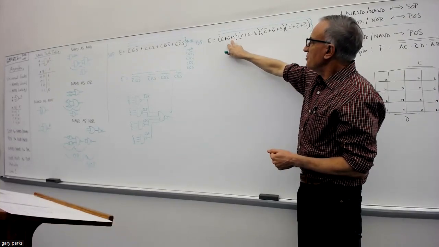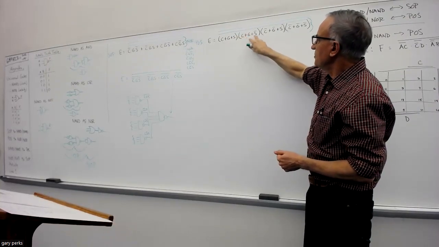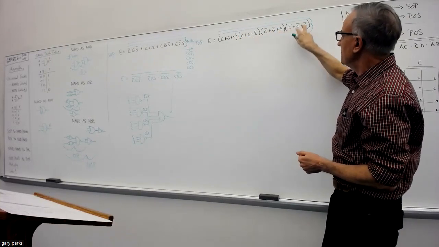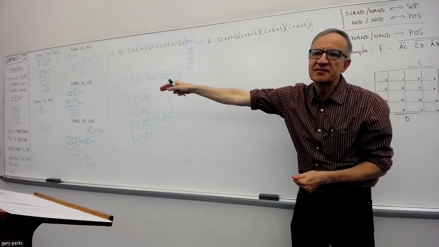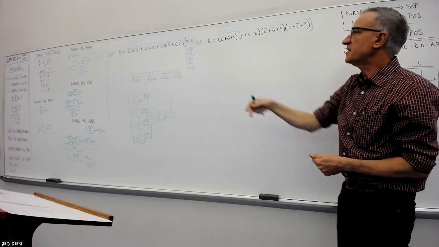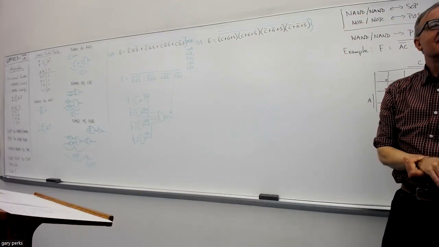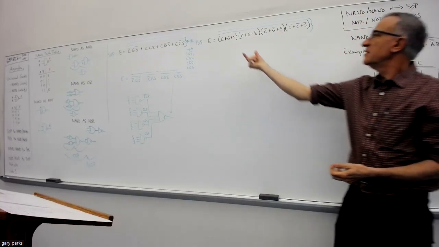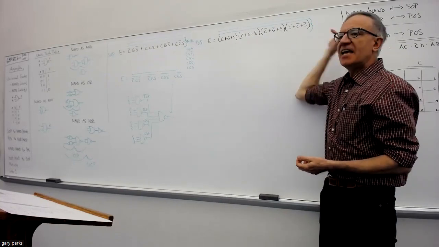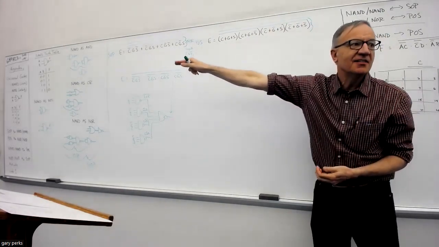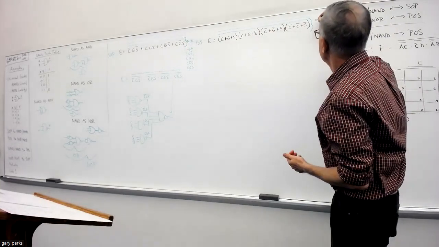You got this term, ANDed with this term, ANDed with this term, ANDed with this term, and then the whole thing knotted. So what kind of gate is that? All these terms ANDed and then the whole thing knotted. That's a NAND, right?